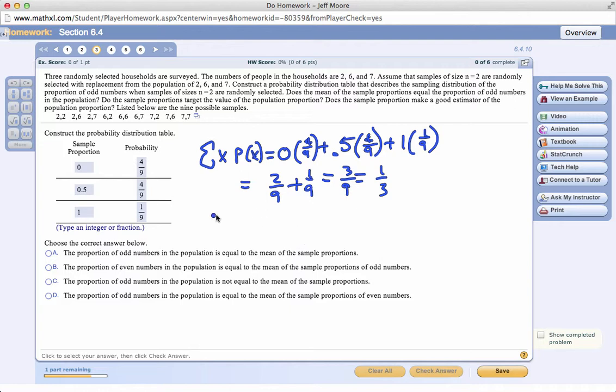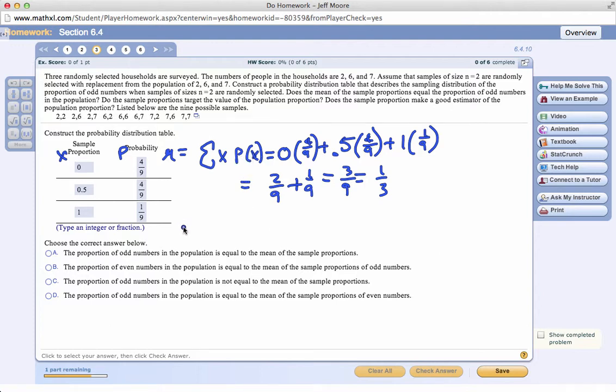Now, that is the mean of the sample proportions. Remember that the mean for a probability distribution is just the sum of the products of the values of the random variable, these are our values, and these are our probabilities, times the probabilities.